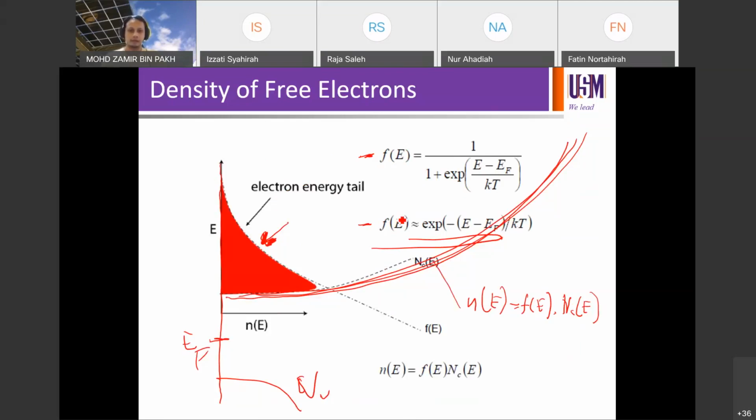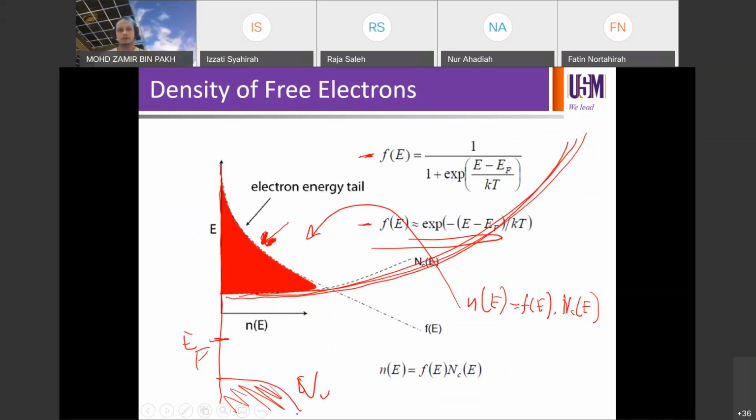On the other hand, if you want to go for your valence band or your density of free holes, then you need to shade the below region, then use Pe equals 1 minus Fe times NvE.